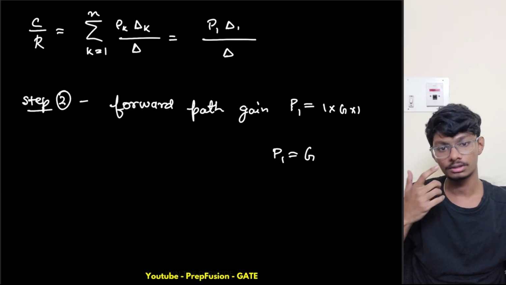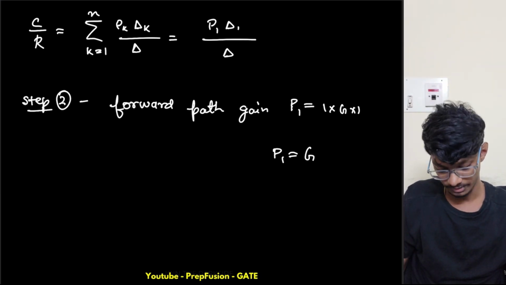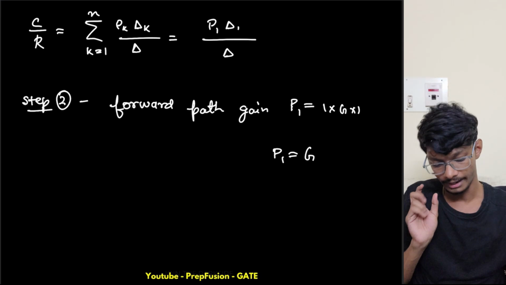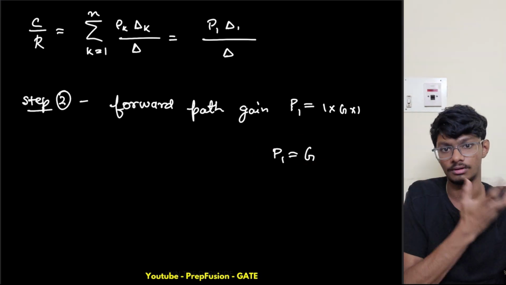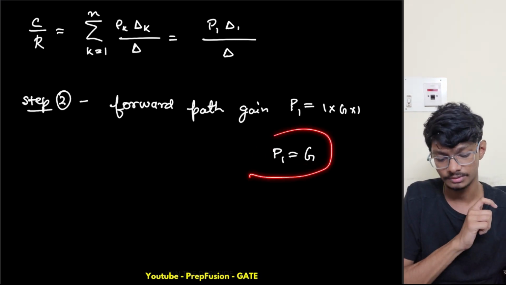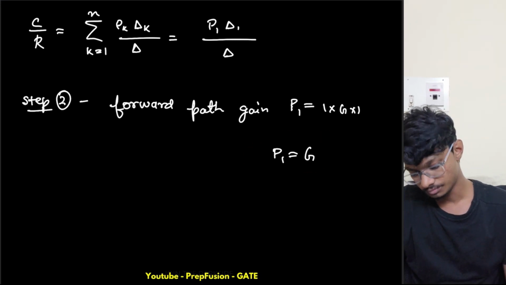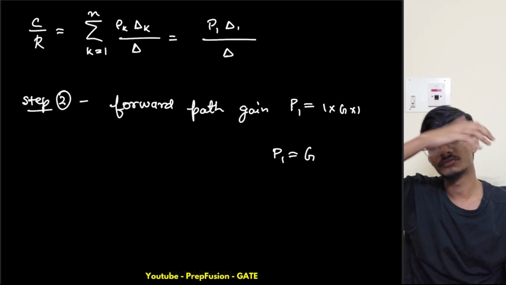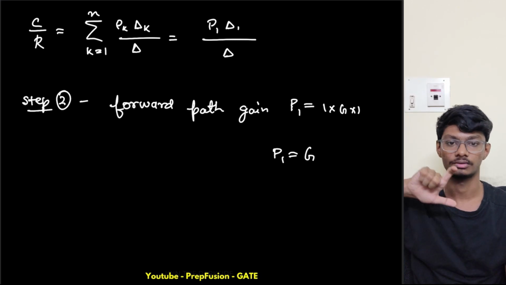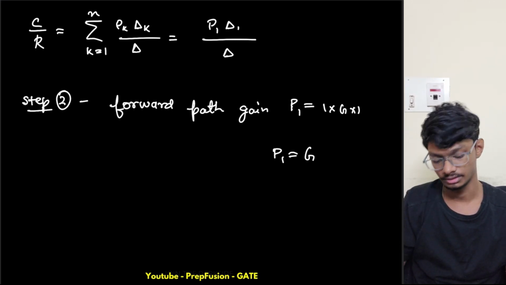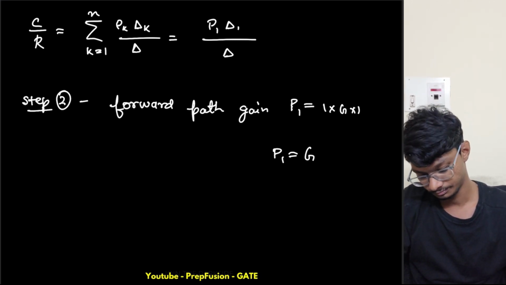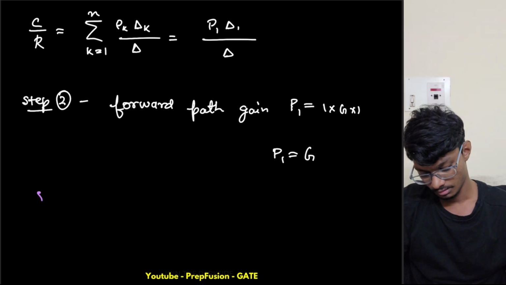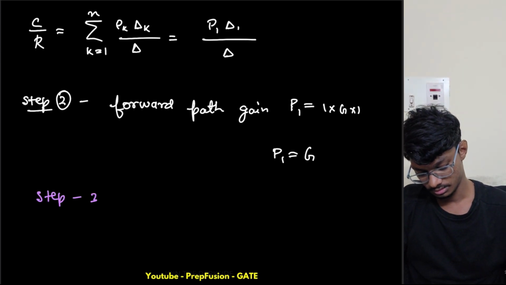Now what is step 3? Step 3 is the associated loop factor with respect to this forward path. But before that I will find the determinant of the whole SFG.